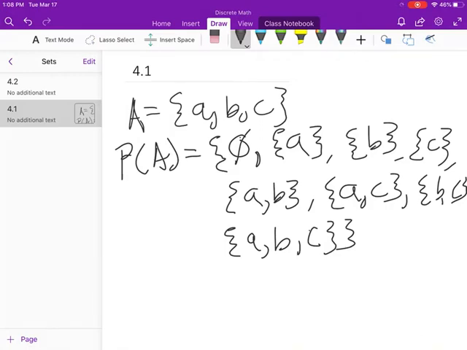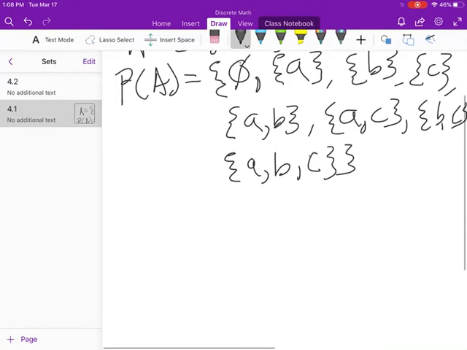Now, something the book hints at in a few places but doesn't make explicit, which I would like to, is this: if I want to count the number of, let's say, 0-element subsets, or 1-element subsets, or 2-element subsets of some given set, how do I do that?